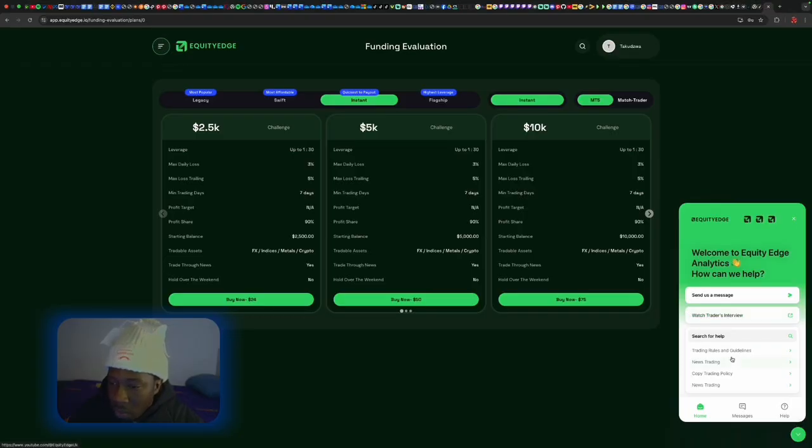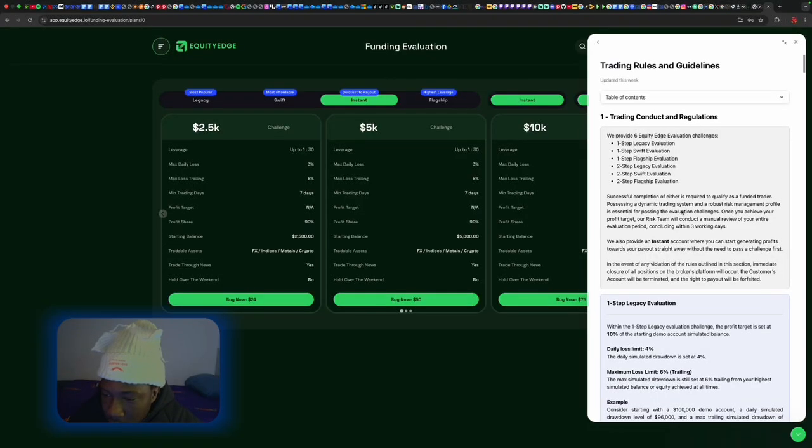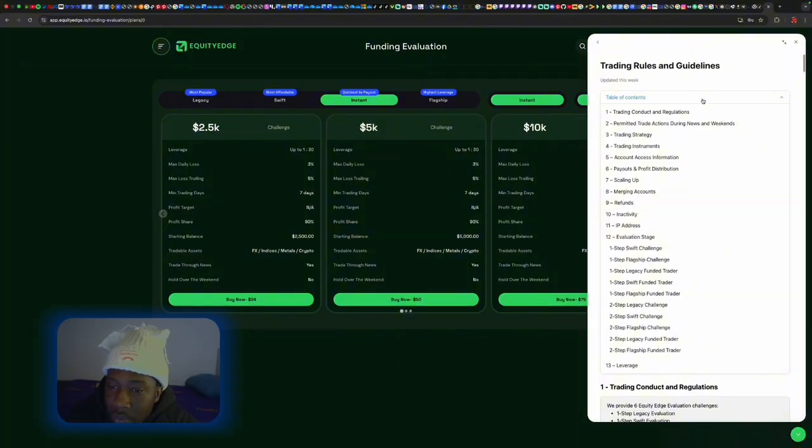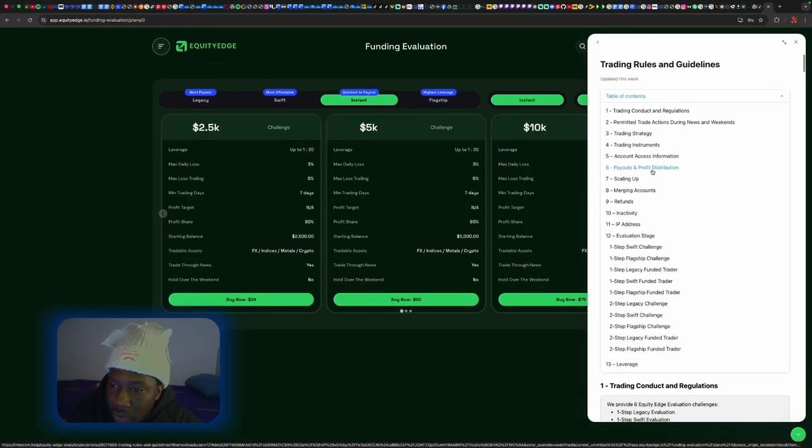So now I'm going to the section where I can get the rules and guidelines. This is the section for trading rules and trading guidelines. For me, I want to focus more on the instant account. This is the area where I can find what I want to know. Let me find where the instant account rules are.